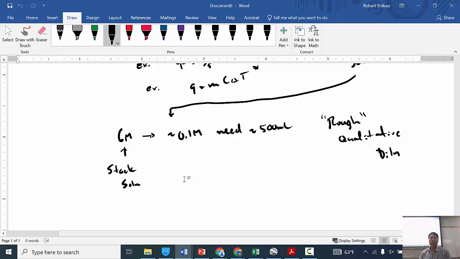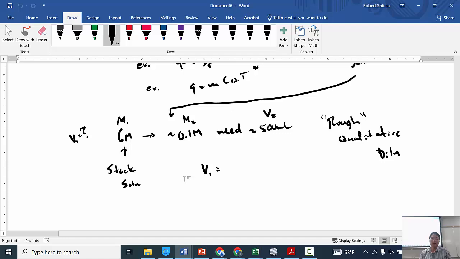And so what we do is we just use the solution-dilution equation. This I'll call M1, the initial concentration. This is M2, the final concentration. And this is V2, the final volume. We're going to solve for V1. V1 is our unknown. So how much of the concentrated stuff are we going to need?